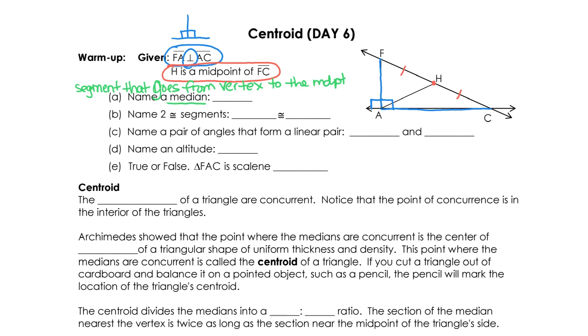And so because we already were told the midpoint is H, we just have to follow the line segment that connects H to one of the vertexes of the triangle, which will be A. And so this green line is our median. And so we're going to go ahead and say that our median is AH.